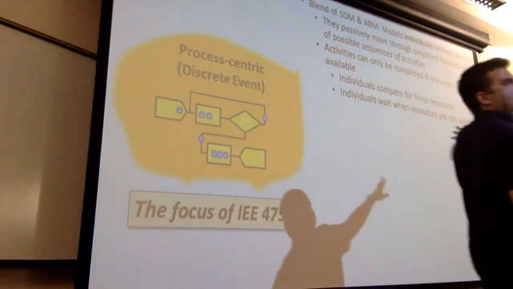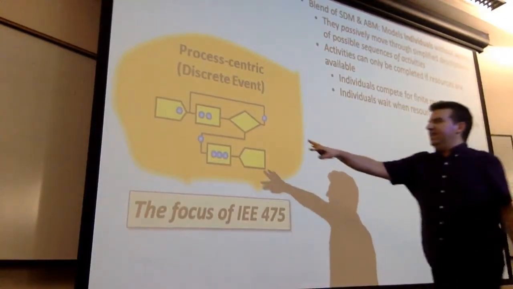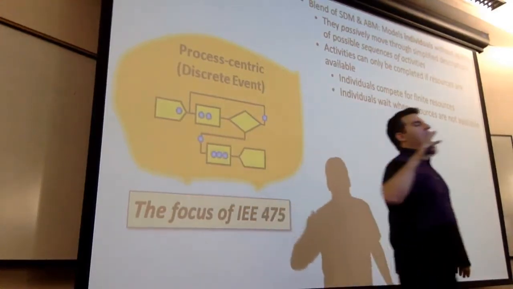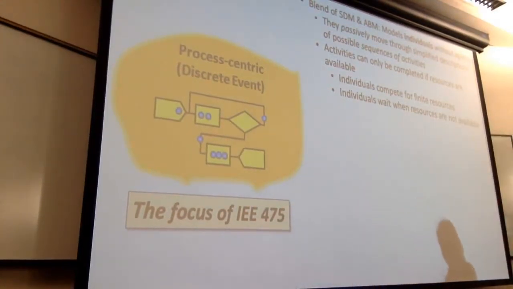And so the big focus of this modeling is agents that are competing for limited resources. So if I was someone who had 300 students waiting to come in my class, and it was always first come first serve, then these chairs would be a limited resource.